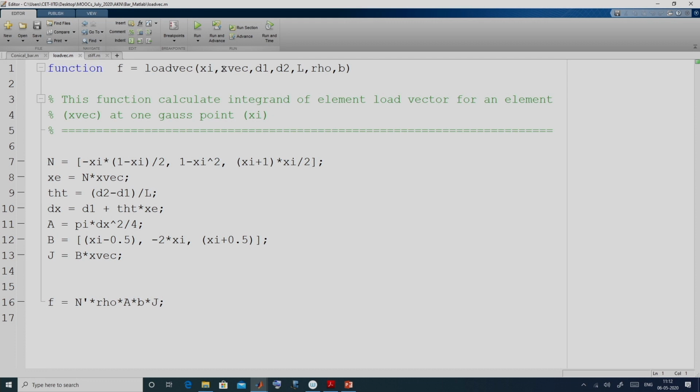These are the nodal coordinates for that element. Now, we get the x coordinate of the Gauss point by this N times x e hat. After that, we get this dx same as in the element stiffness matrix. To calculate the area, then the Jacobian is calculated in a similar way, B times x e hat.